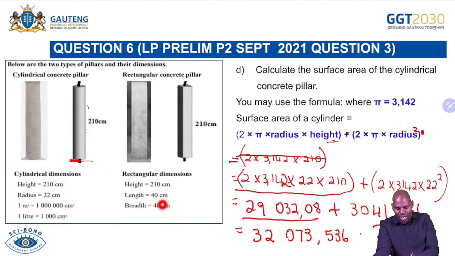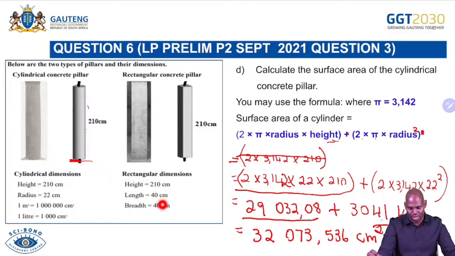So therefore, our area is centimeter squared. So please remember to always show the unit. That is 32,073.536 centimeters squared is the answer.